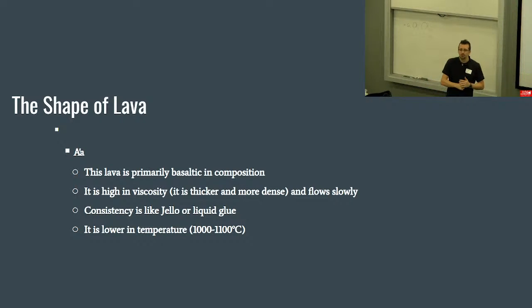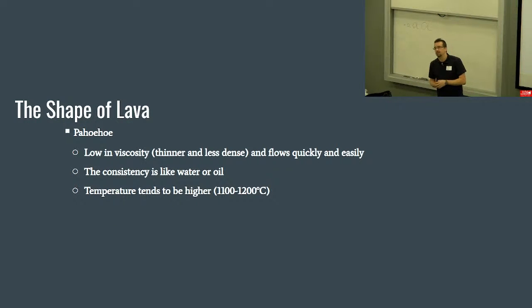It would meander its way. And what it would manage to make contact with, it generally gets kind of sticky, right? And it's typically lower in temperature, although we're talking about low in temperature, we're talking about 1,000 degrees C to 1,100 degrees C, so relatively cooler compared to pahoehoe.